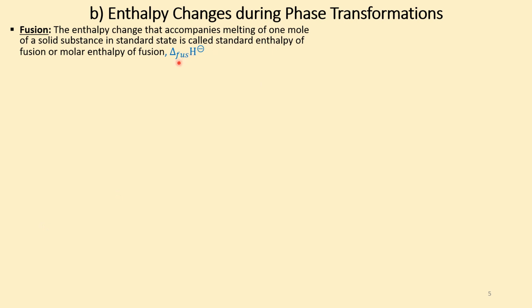This is the symbol for enthalpy change of fusion. So here the solid melts and becomes liquid, and the enthalpy change is delta fus H dash.